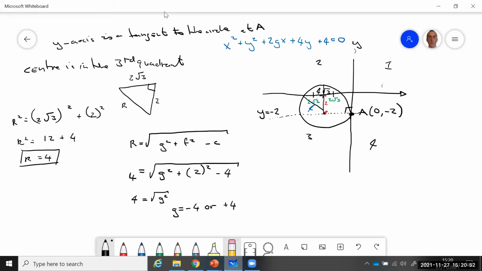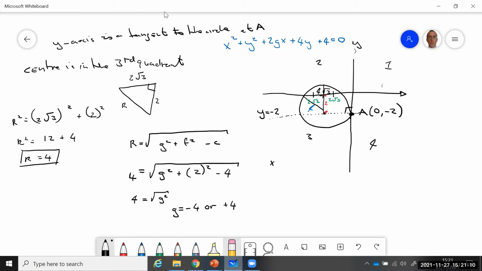Okay, so which one is it? He said that the center was in the third quadrant.